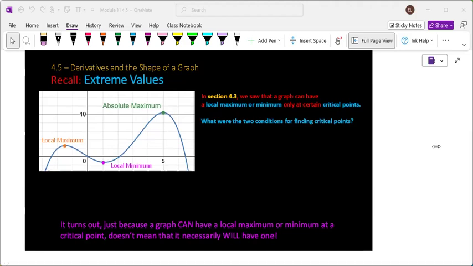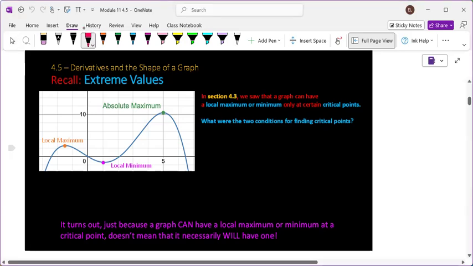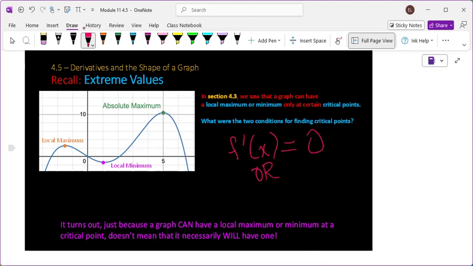So what did we have to do with the first derivative to find where those critical values could occur? Yep, so when the derivative is 0, or the weird case, but it happens.